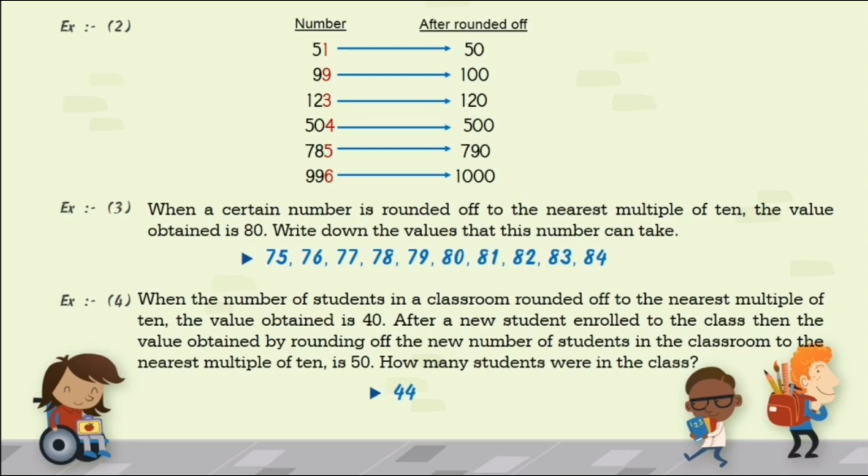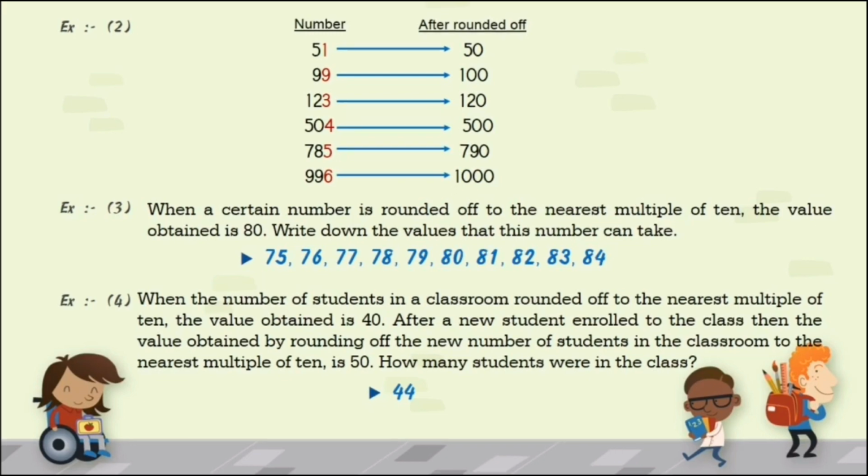Okay, let's move to the third example. When a certain number is rounded off to the nearest multiple of 10, the value obtained is 80. Write down the values that this number can take.